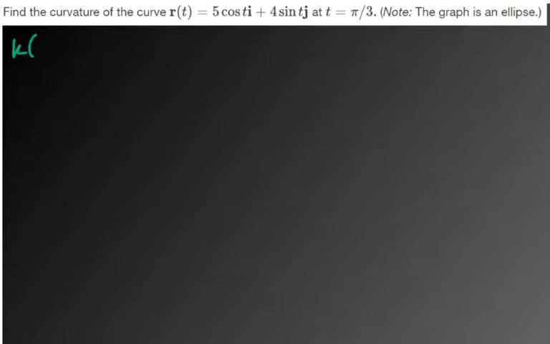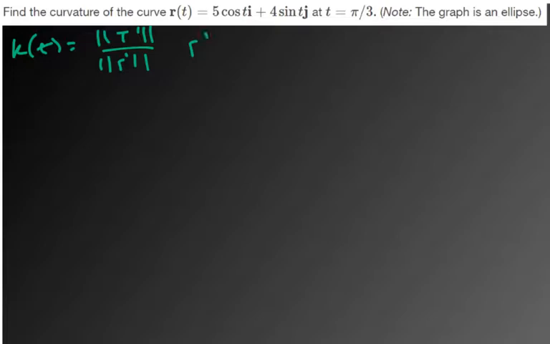So the one that's the magnitude of the derivative of the unit tangent over the magnitude of r prime. You could get this all in terms of t, or you can plug it in as you go. So let's just do it.